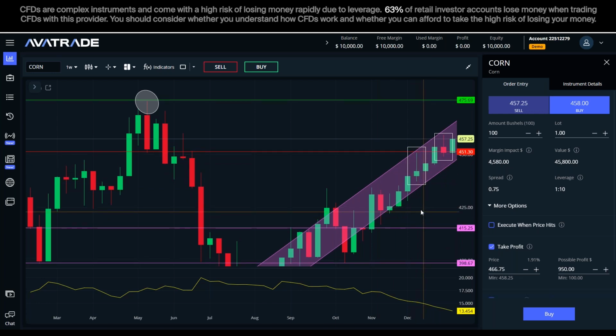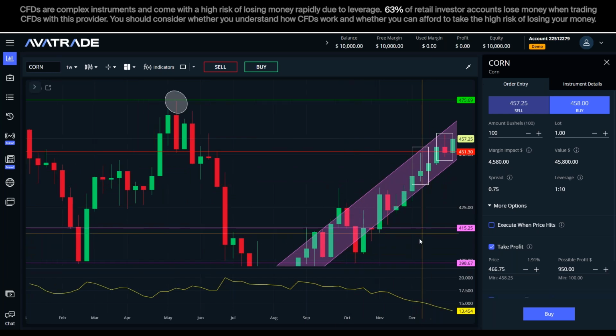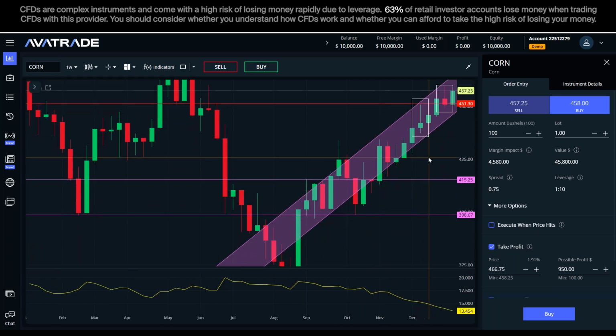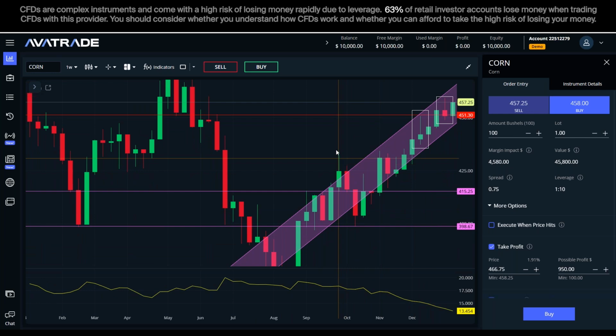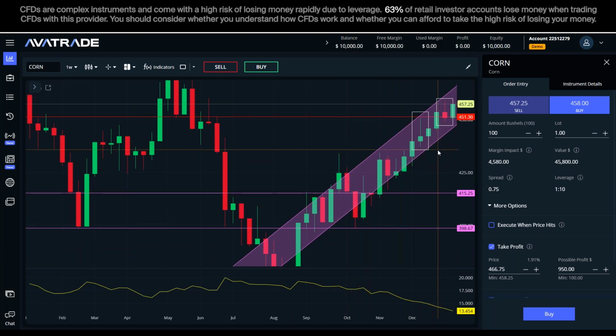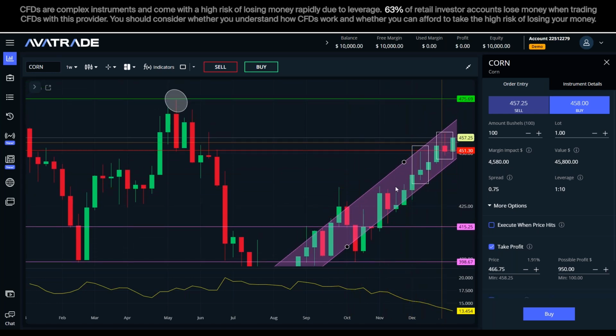Now again, it's not a formula and it can continue going up. If I look at the general structure, there is no question that it's going up. We can see that it bounced back approximately a week and a half ago, a month and a half ago, but in the long run, it still seems to be going up.